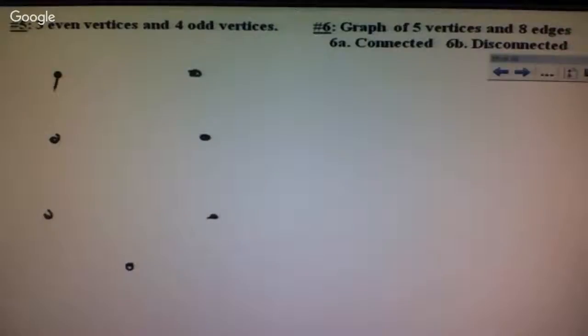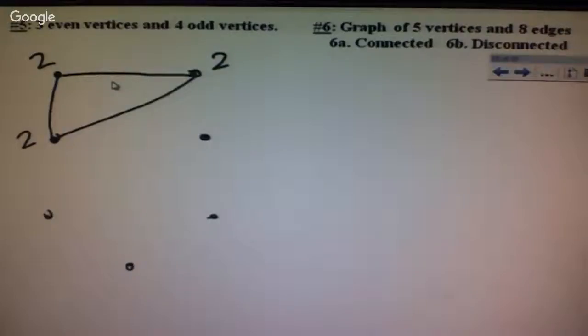When I need even, I pretty much do something like this. If you just draw a circuit that goes from one dot to the next that I need to connect, that makes them even. There's 2 lines coming out of this dot, 2 lines coming out of this, 2 lines coming out of this. Okay. The next ones have to be odd vertices.